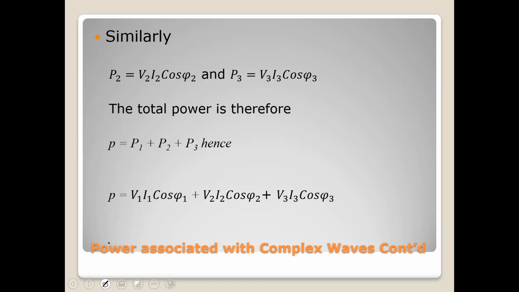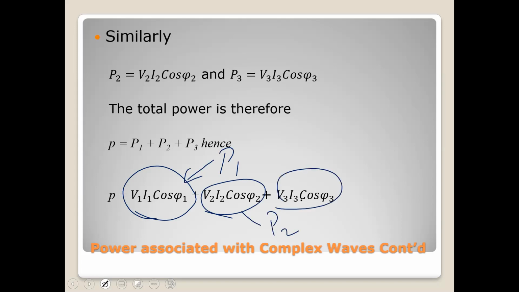As in, you have your V1 I1 cos phi 1, we look for P1 in those terms first. Oh, but this is P1. Yeah, and what I'm saying now is we look for P1, P2, and then put it in the complex waveform. As you have it right there.